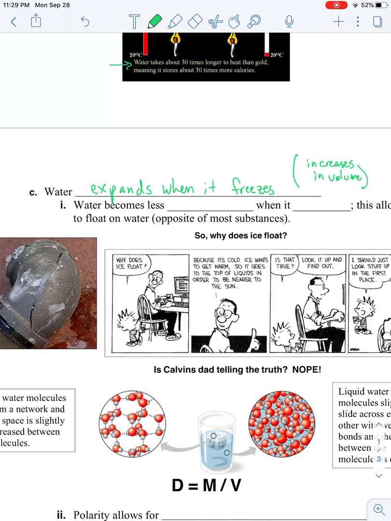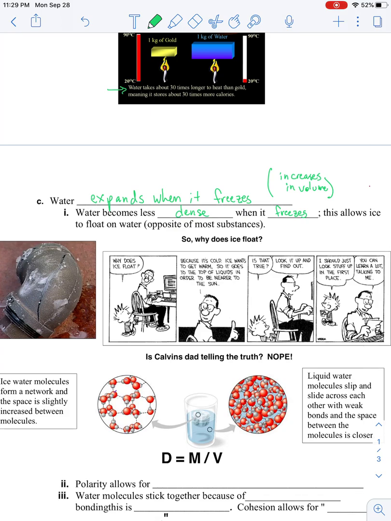And that increase in volume causes it to have less density when it's frozen. This allows ice to float on water.